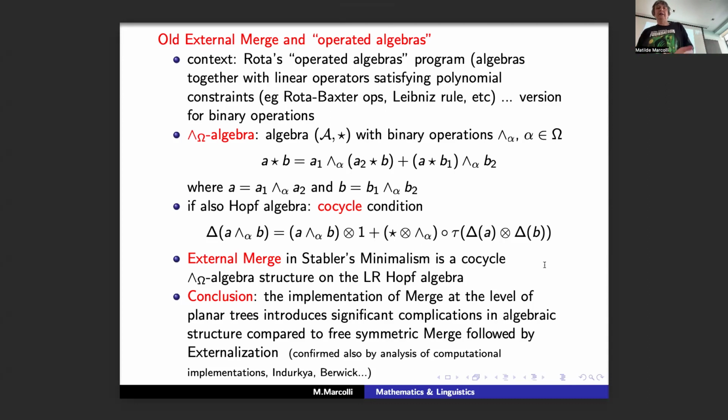In this sense, seen from this algebraic perspective, there's a significant conceptual simplification in replacing this older model with the newer one that I've been talking about before.